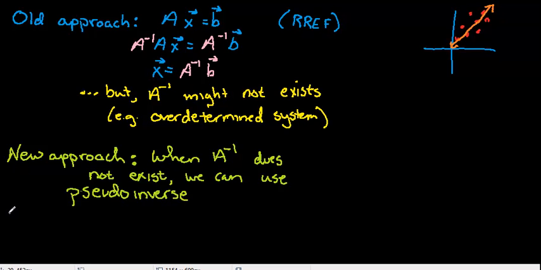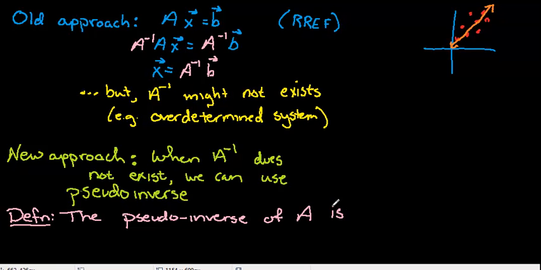So, definition, the pseudo inverse of a matrix A is given by the following, and I'm going to use the notation pinv or PINV. That's the MATLAB code for pseudo inverse. The pseudo inverse, you could compute it by hand as well.